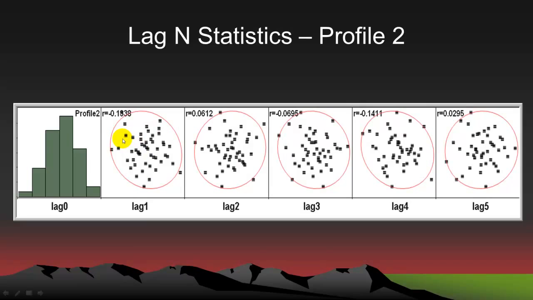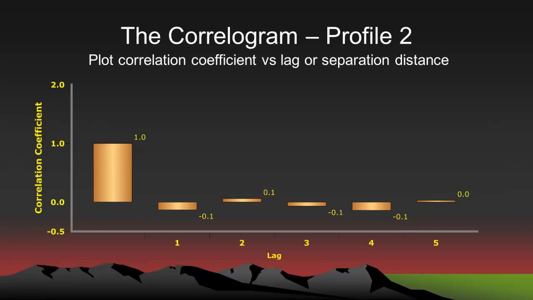If we look at the correlation coefficients, we see minus 0.1338, 0.0612, minus 0.0695, minus 0.14, 0.029. These are very, very small correlation coefficients and basically suggest that there is very little, if zero, correlation between samples, no matter what their separation distance is.